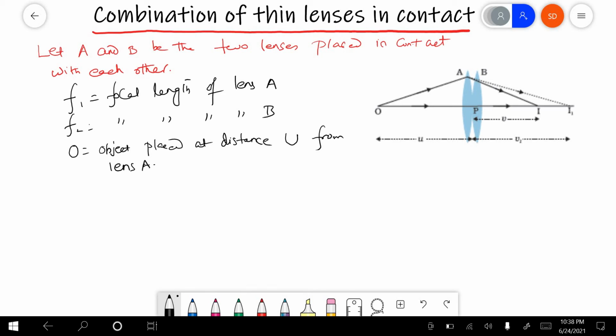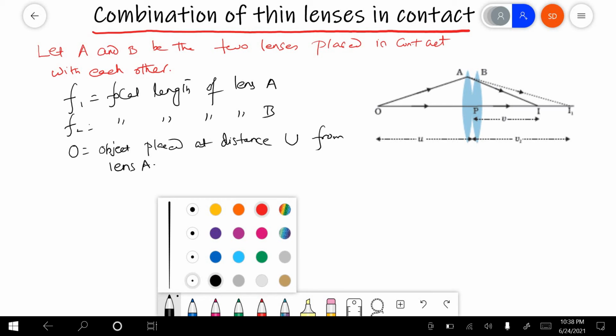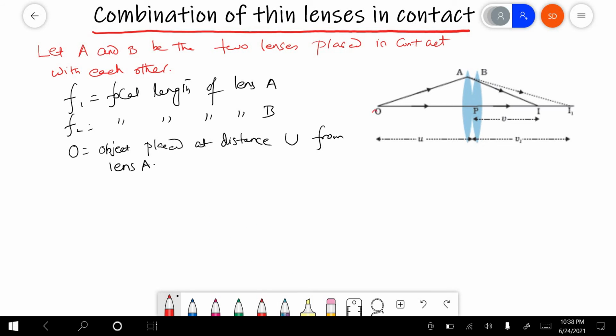Now, you can see from this figure, the object O is placed at a distance u from lens A. Its image is forming at I1.